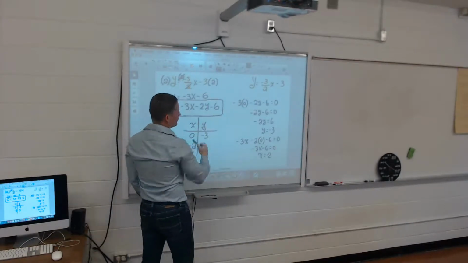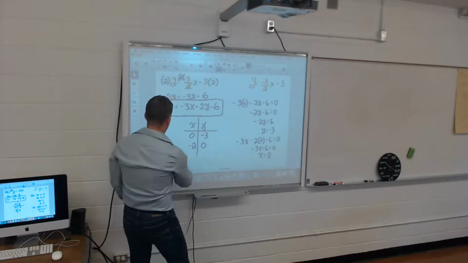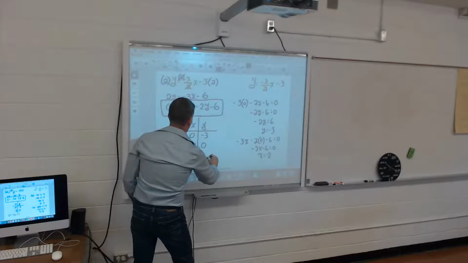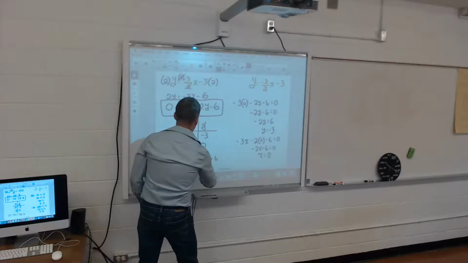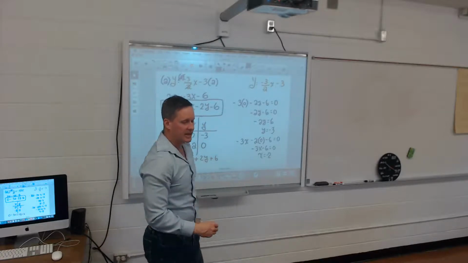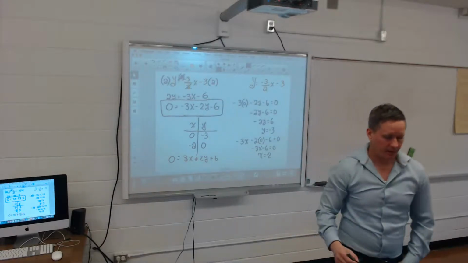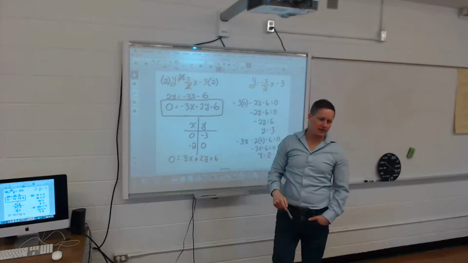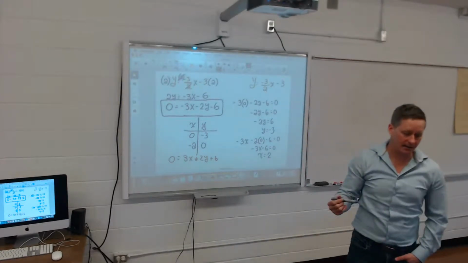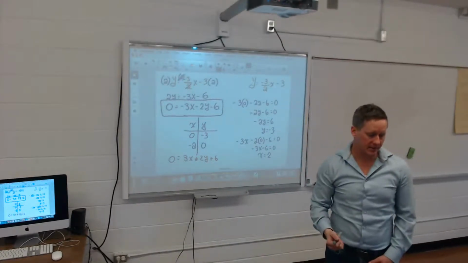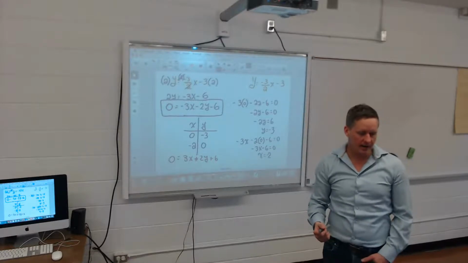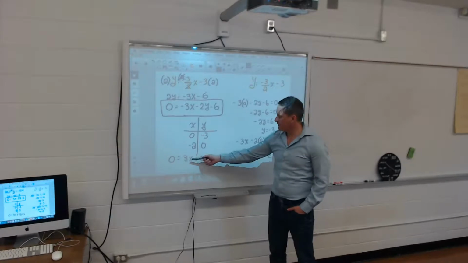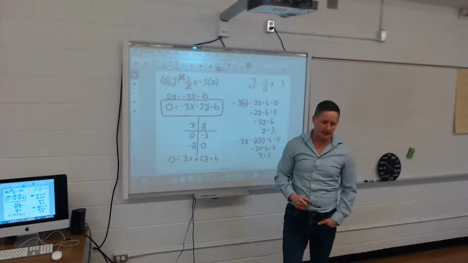If I change all three of these signs and I rewrite it like this, 0 equals 3x plus 2y plus 6, those are the exact same equations. As long as all three signs are exactly the opposite of the signs that they are in the other equation, those are the exact same equation.